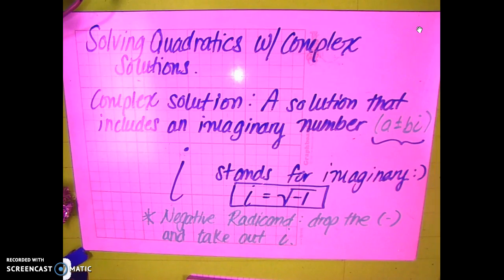Now you may be thinking, why do we need a special letter for the square root of -1? Well, the definition of a square is a number times itself. So there aren't any numbers that can multiply with themselves and make a negative number.